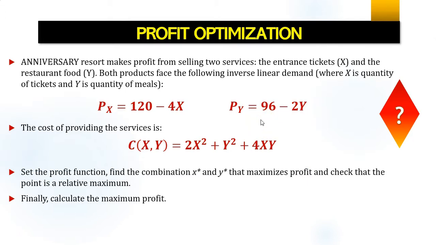Here our tasks are first to set the profit function, then to find the combination of X and Y that maximizes the profit, and we need to check that the point is a relative maximum, and finally we will need to calculate the maximum profit.